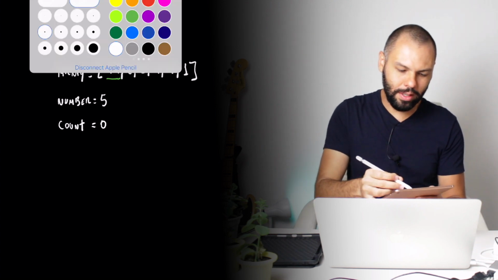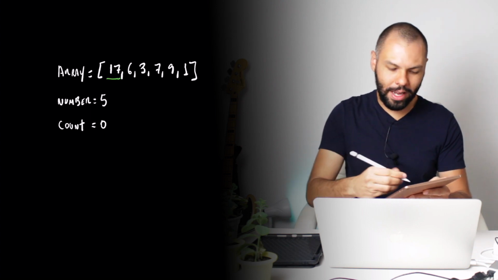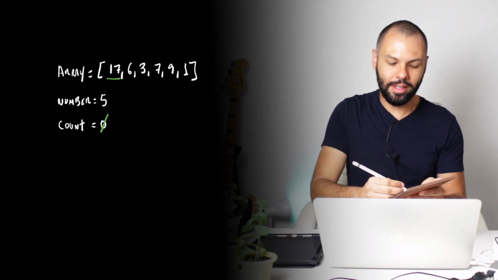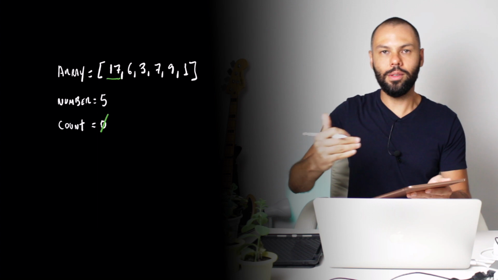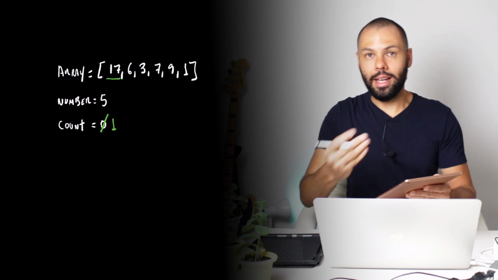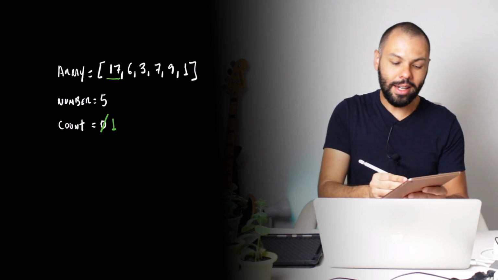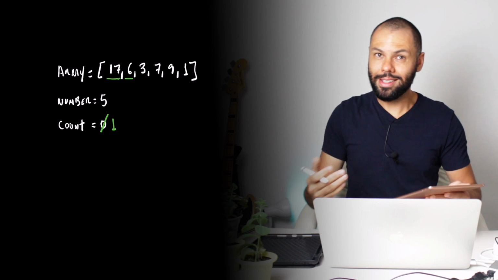Now 17 is greater than 5, so I'm going to replace this 0 with 0 plus 1. Let's ask the second element in the array: are you greater than 5? Yes, I am.